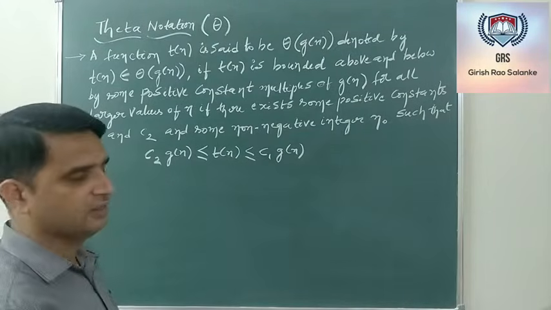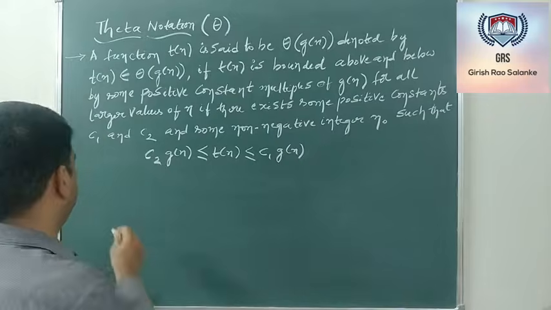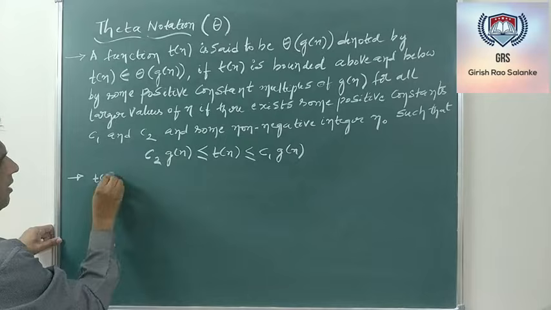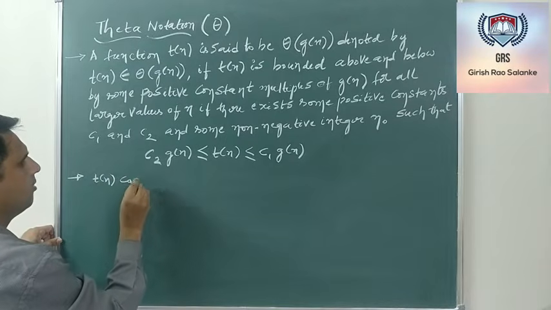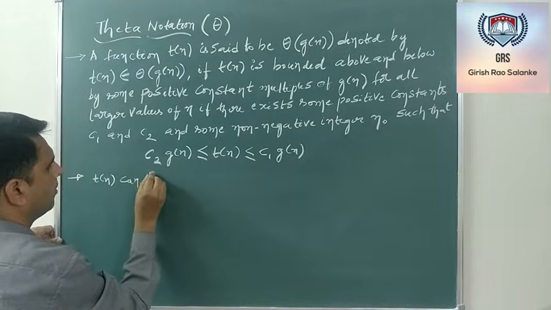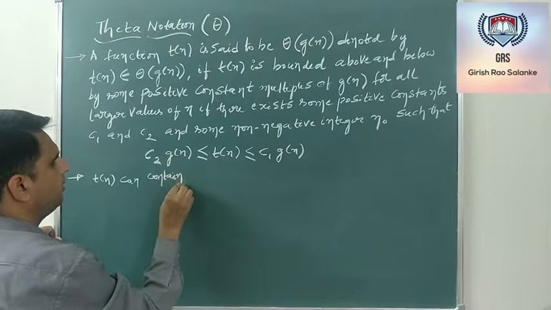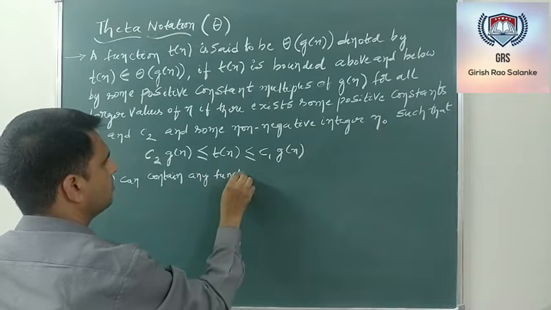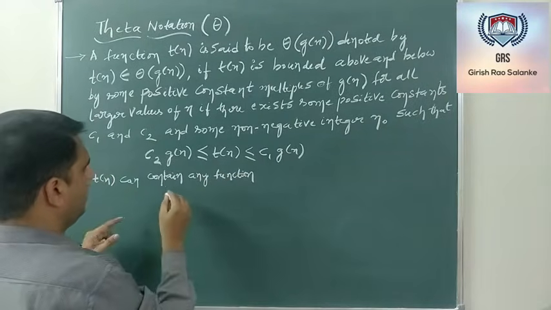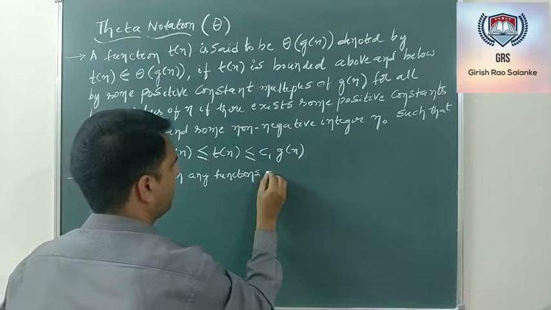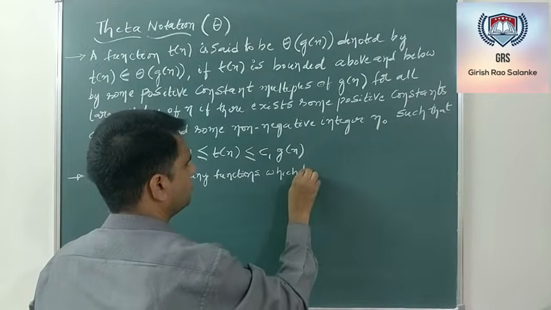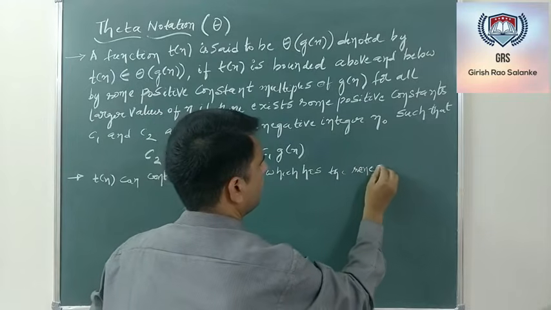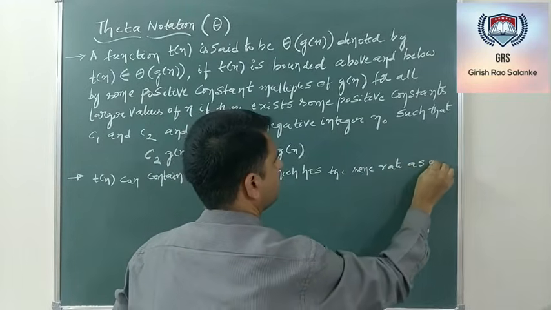Now if you see this theta notation, t of n can contain any functions which have the same rate as g of n.